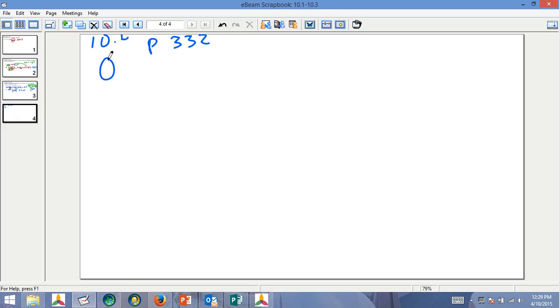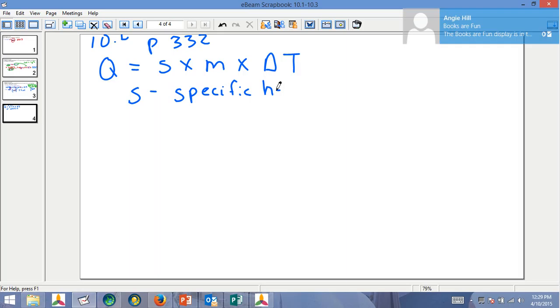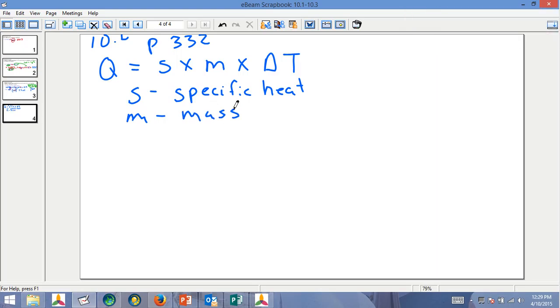You should also memorize this equation: Q equals S times M times delta T, which is pretty much what we've been doing, where S is the specific heat, and M is the mass, and delta T is going to be the what? Temperature change. Change in temperature.